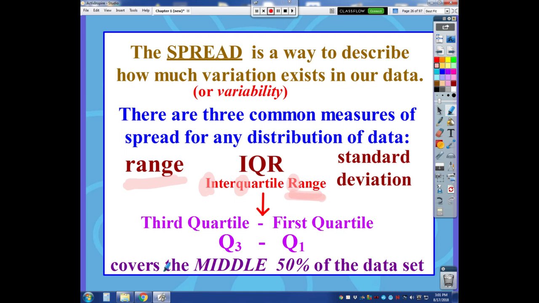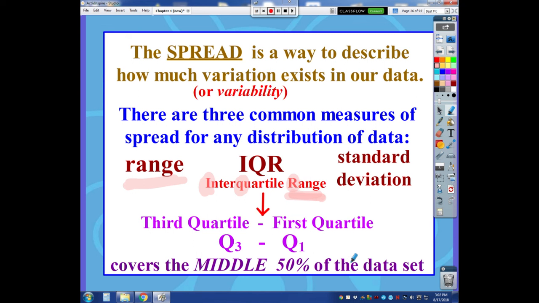So really the proper definition of the IQR, the interquartile range, is that it covers the middle 50% of our data set. All right, so we get through the first 25% of our data set, then we start the middle 50%, we go all the way up into the 75% of our data, and then we chop off the last 25%.